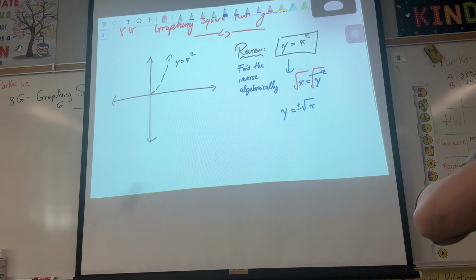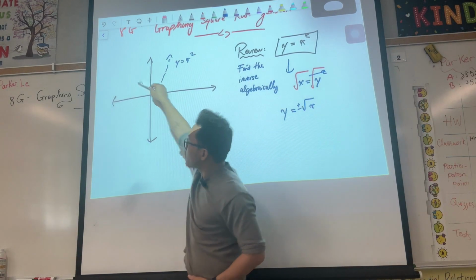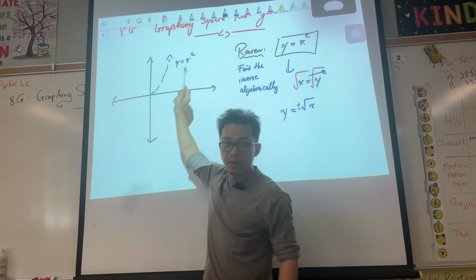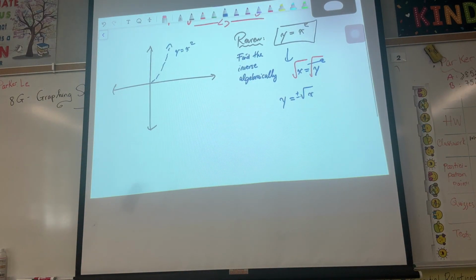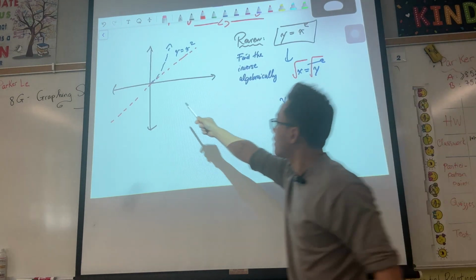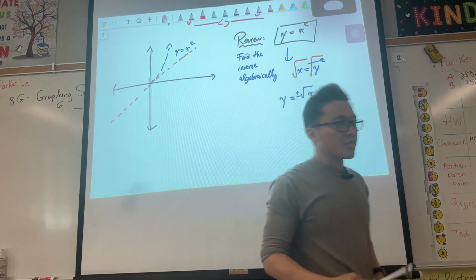But y equals x squared is the whole U shape, right? We only take the right part. So can someone find the inverse for this portion right here? What does it look like graphically?